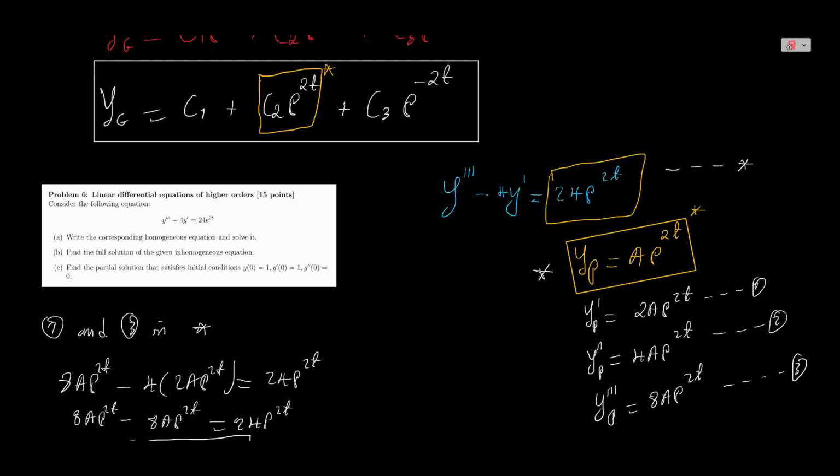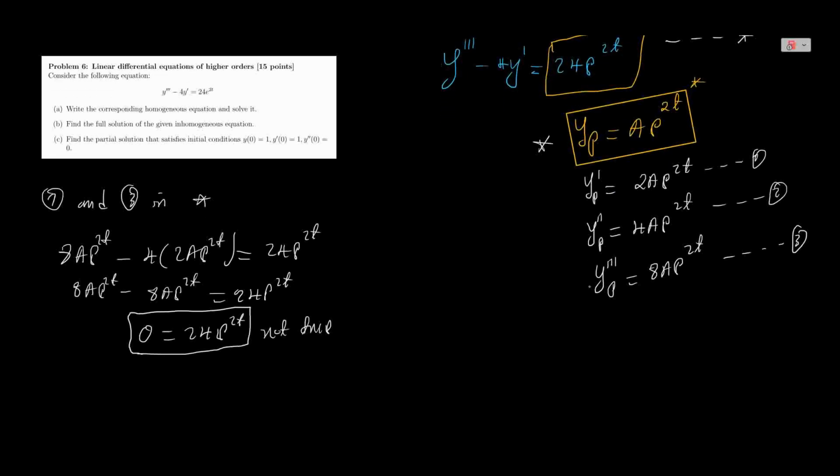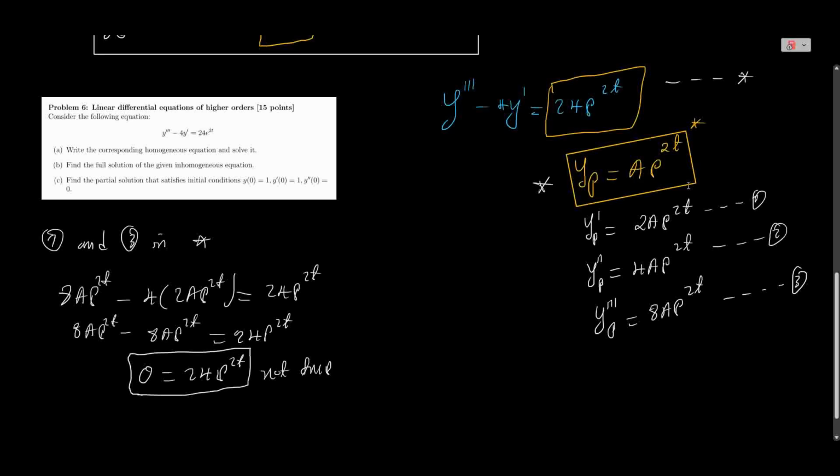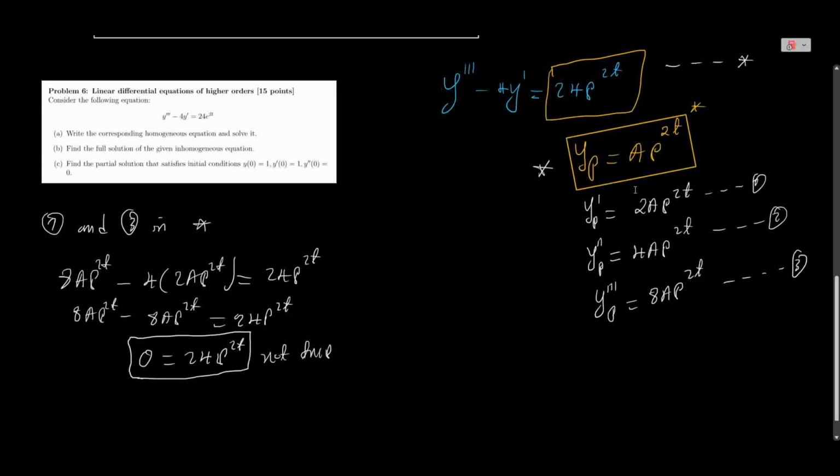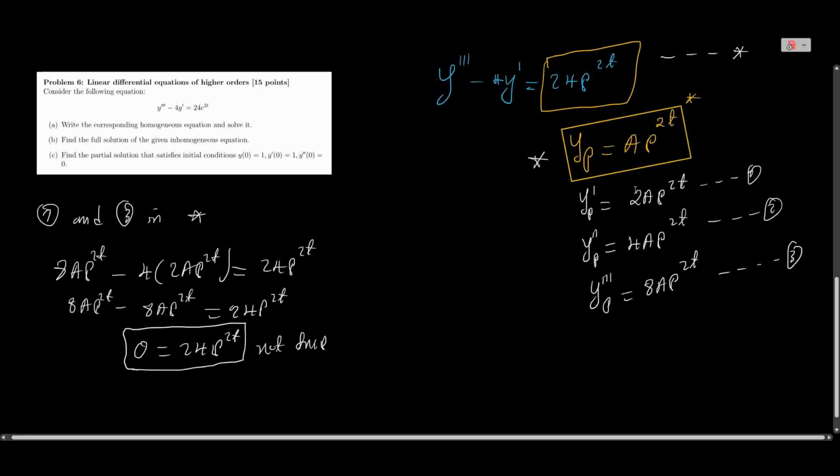So what we need to do is increase the degree of our particular solution. In an exam you don't need to go through these steps, but if you go through the steps and come up with an answer like this, you just need to know where the problem is. You simply go back to your particular solution and change it.